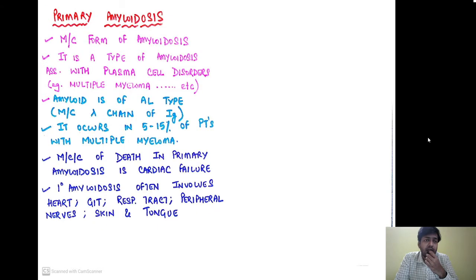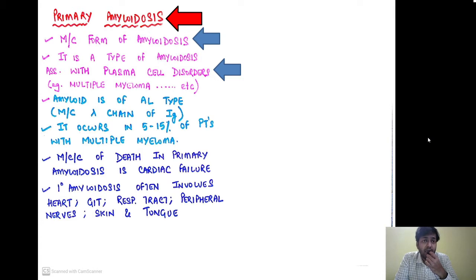So firstly, we are going to discuss systemic amyloidosis in detail. Under systemic amyloidosis, we have primary amyloidosis. As you know, it is the most common form of amyloidosis, and it is associated with monoclonal plasma cell disorders. One example of a plasma cell disorder is multiple myeloma.